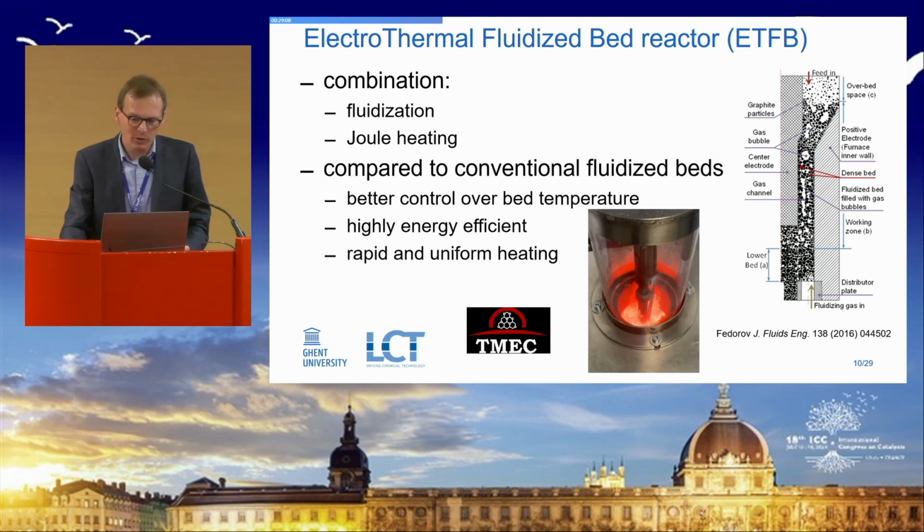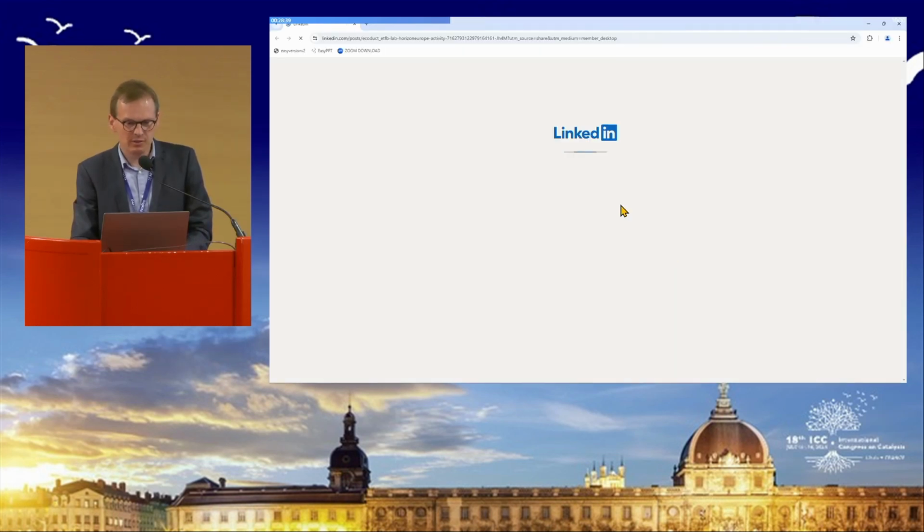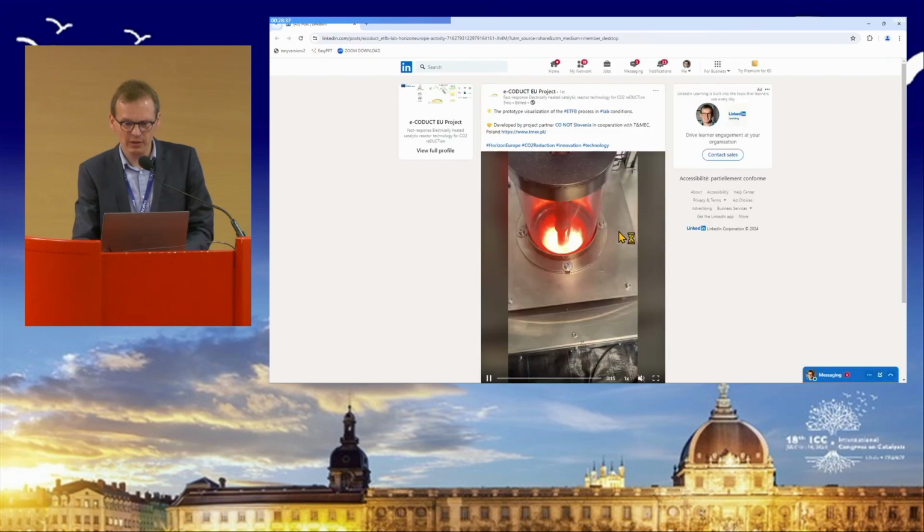And you can see a reference here. It is a reactor type which originates from the production of carbon material for battery applications. So that's the origin of the reactor type, and now we aim at using such a reactor for chemical conversion reactions. So this should bring me to the movie.